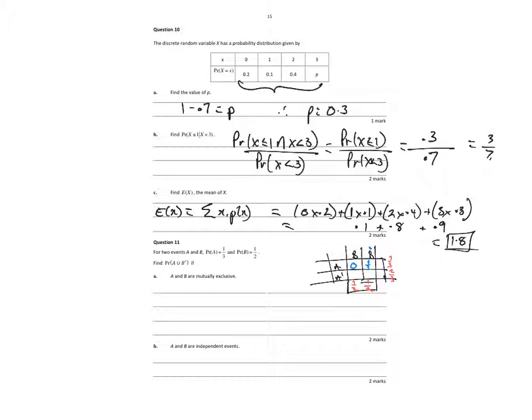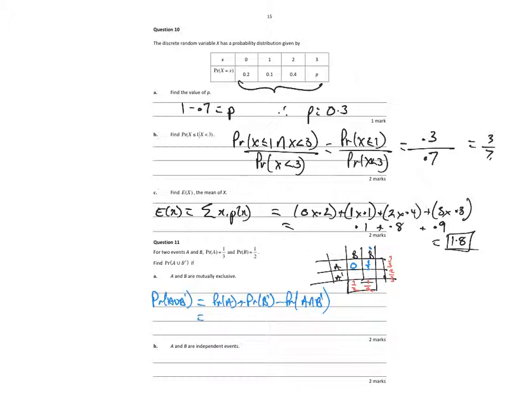Okay, so A union B dash from my addition law is equal to probability of A plus the probability of B dashed minus the probability of A intersection B dashed. Okay?